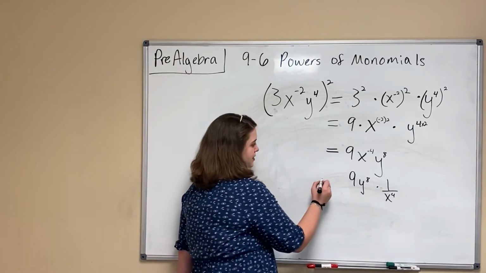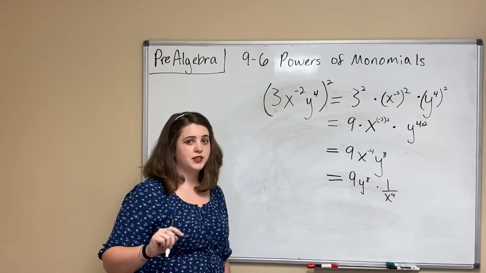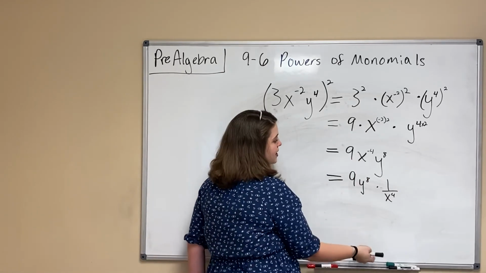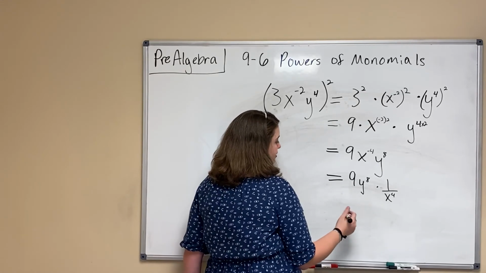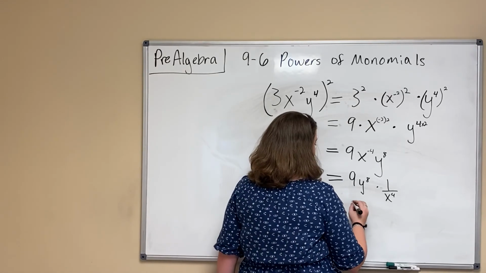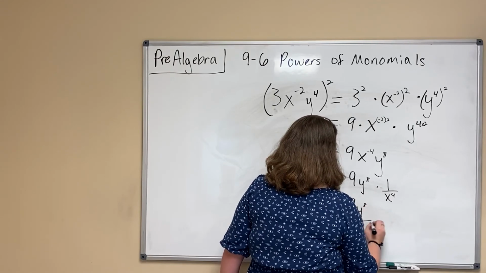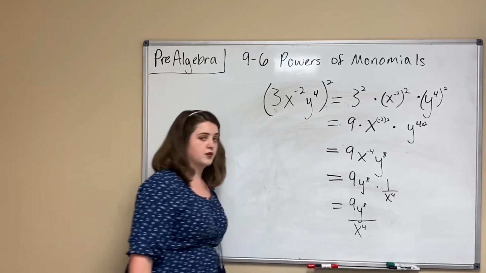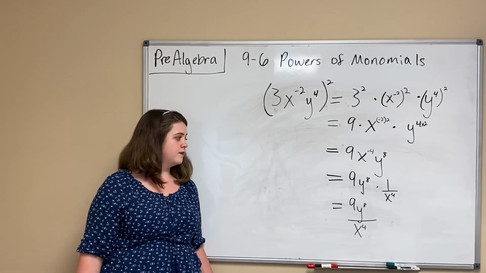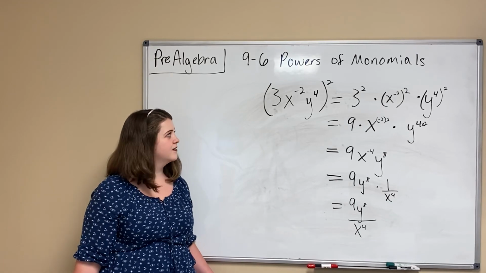You see that? Because we know when we have a negative exponent, that's the same as saying we're actually dividing by that, and it's in the bottom. So when we put this together, it's actually going to look more like 9y to the 8th divided by x to the 4th. That's as complicated as we're going to get today. Okay?